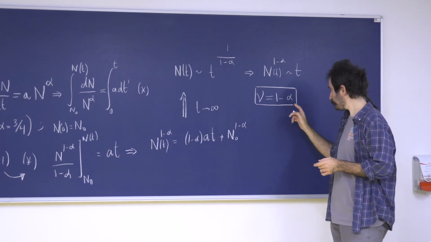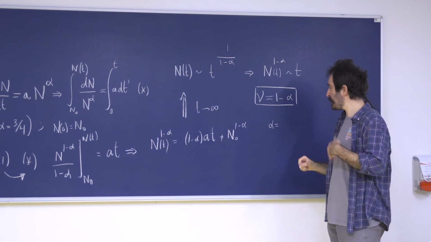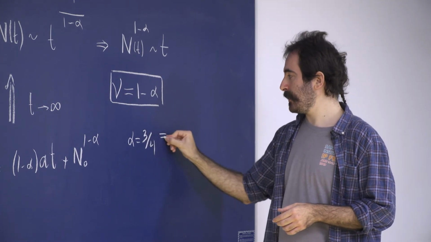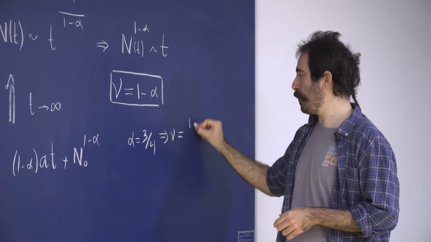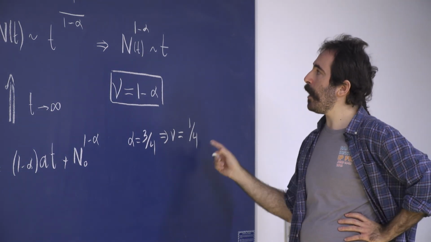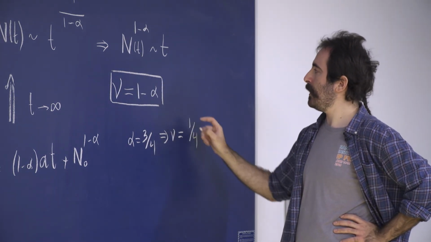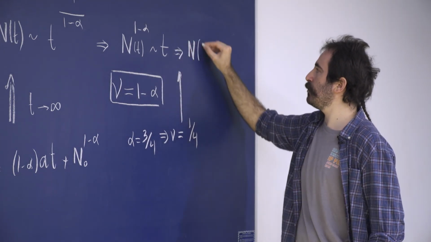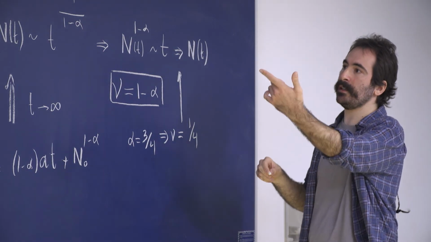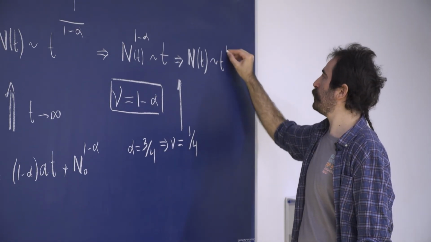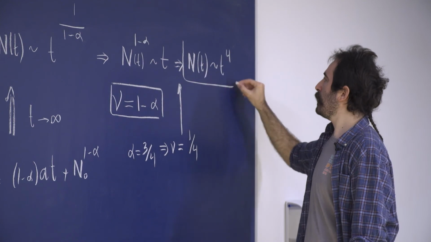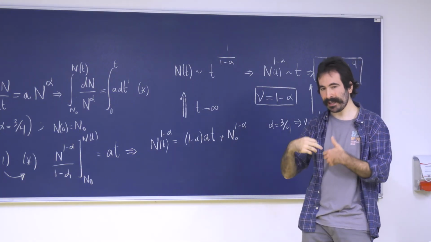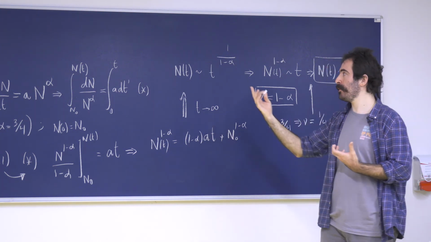And in fact, for what West, Brown, and Enquist showed, alpha is going to be 3/4, which means that nu is going to be 1/4, right? So if we now plug in these values for what we had here, we can see that these specific tumors, instead of growing like t to the power of 3, actually they grow as t to the power of 4, which is going one extra dimension. If you think about it, it's like going one extra dimension beyond 3 dimensions.